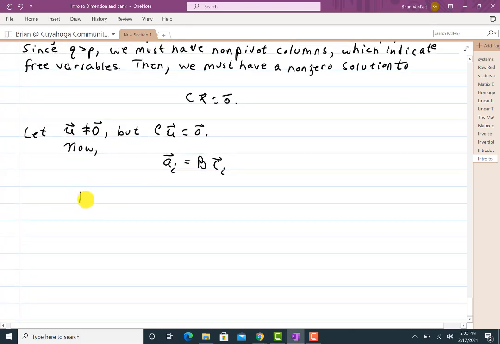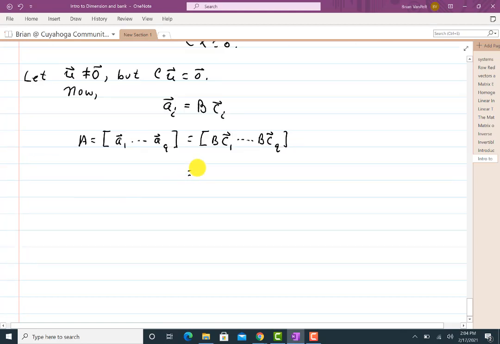Well, then let me go ahead and make an A matrix where I use the ai's as my columns. So I get A equals BC.